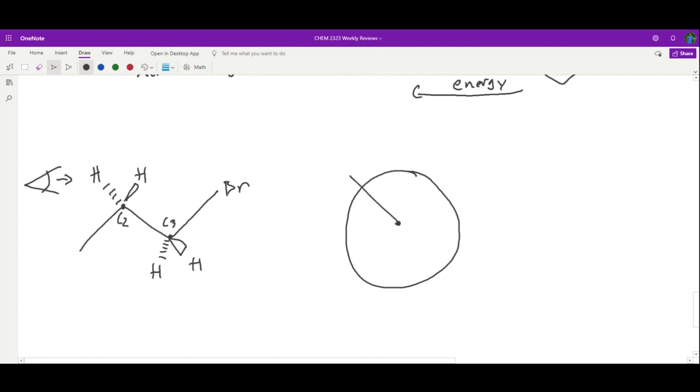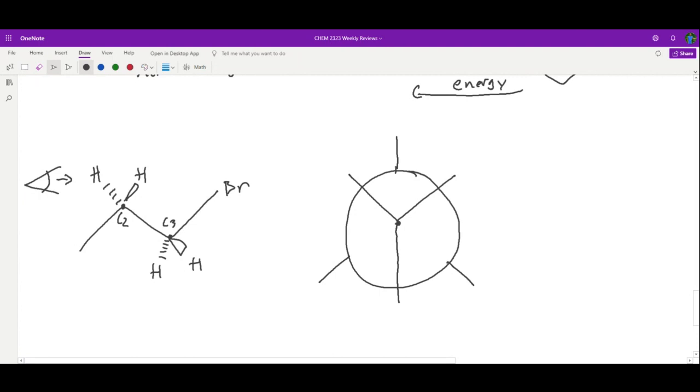So we are going to put bonds in a regular Y shape, and we're going to put an upside down Y bonded to the back carbon. Okay, so that is one orientation.